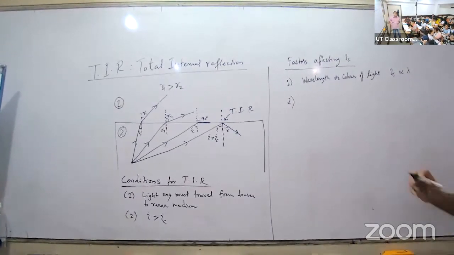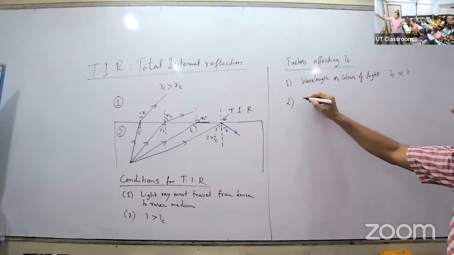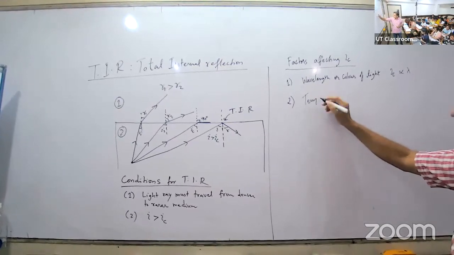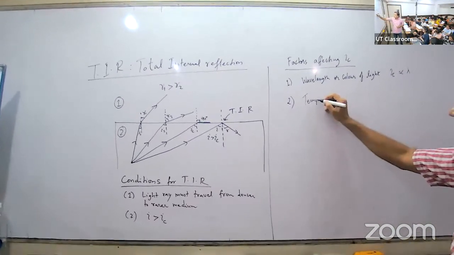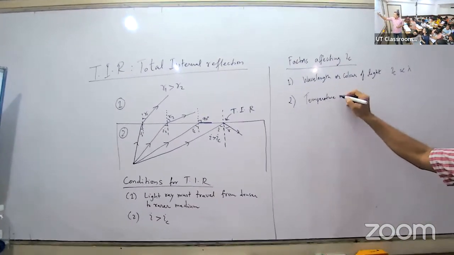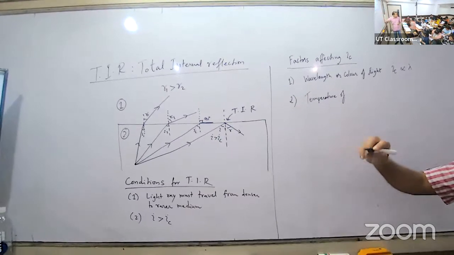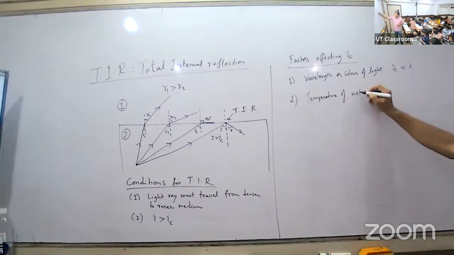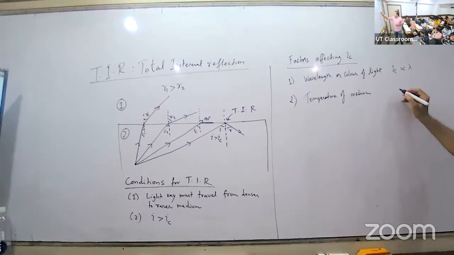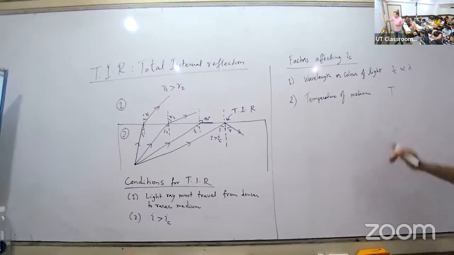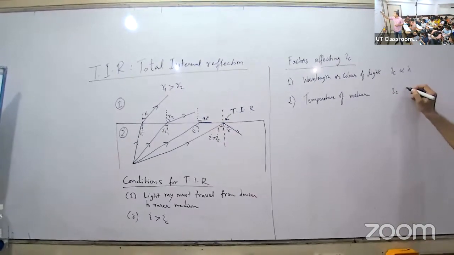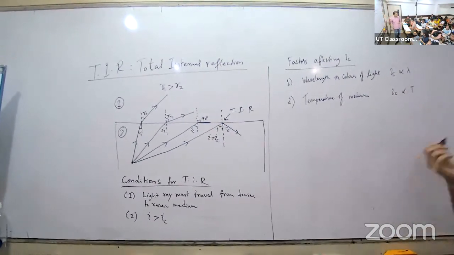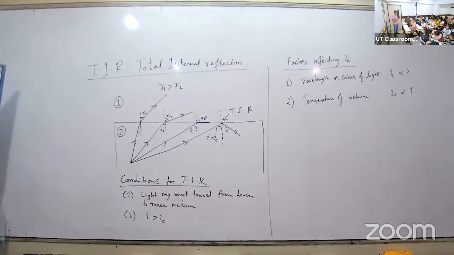Second, temperature, the temperature of the medium. Which medium? The denser medium. So again, IC is directly proportional to temperature. If the temperature rises, critical angle also rises, because with rising temperature, what happens to refractive index?